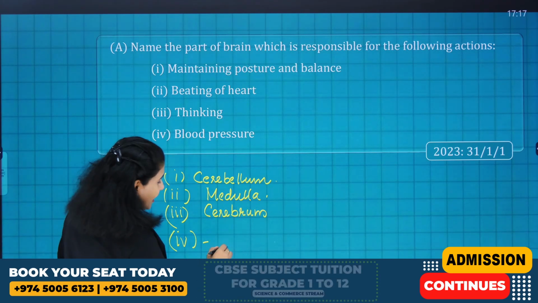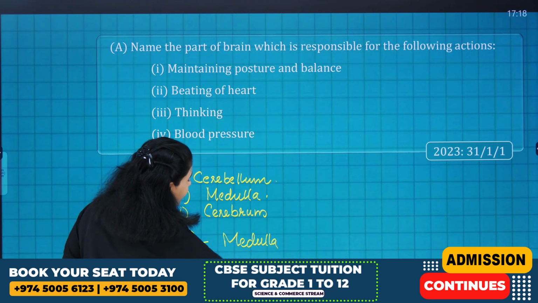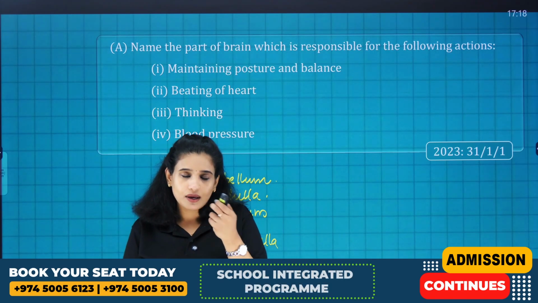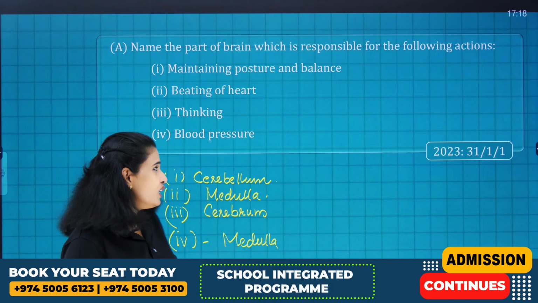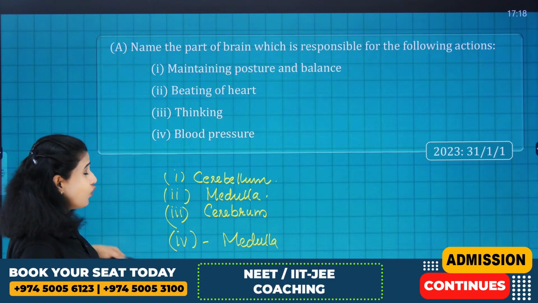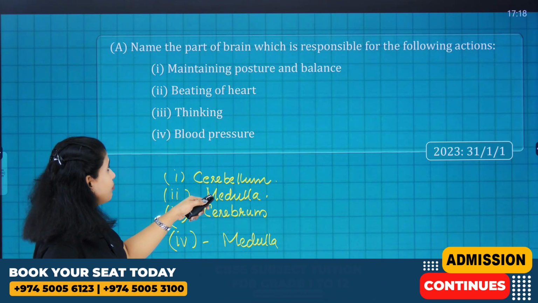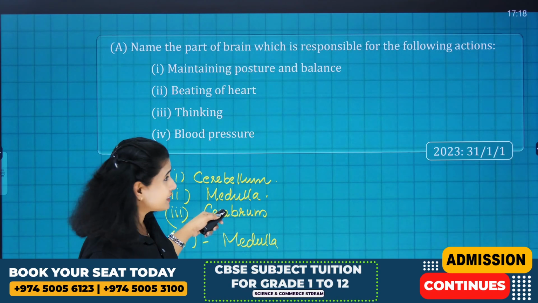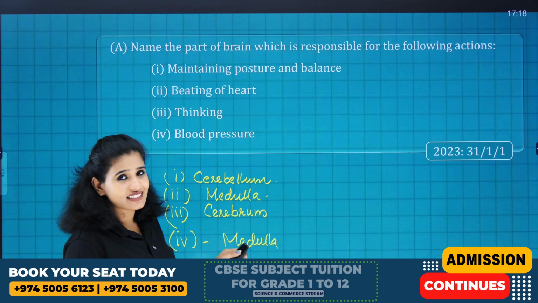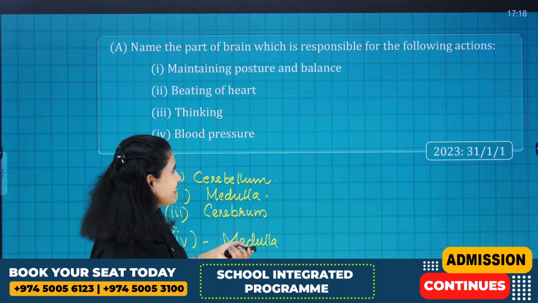Blood pressure, again it is medulla, which controls all the involuntary actions like heartbeat, blood pressure, breathing, etc. So these are the four parts which control these four functions. Maintaining posture and balance is cerebellum. Beating of heart is medulla. Thinking is cerebrum. Blood pressure is again medulla. Let's see the next question.